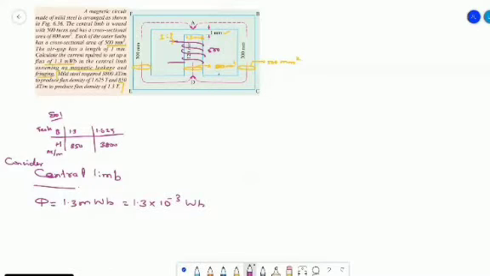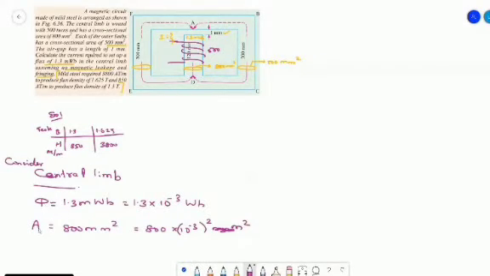It is given to be 800 mm square. So A is given to be 800 mm square, which is nothing but 800 into 10 to the power minus 6 meter square. Okay. So area of cross section is this much.